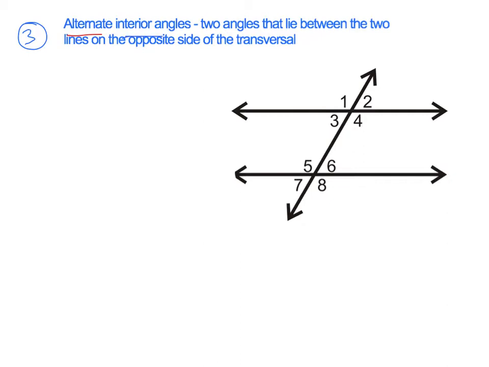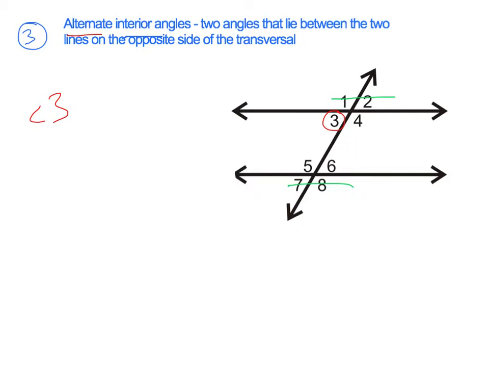That's interesting. So if I were to say which of these angles could not be alternate interior angles, we could automatically wipe out the 1 and the 2 and 7 and 8, right? Those are not interior. So we're only talking about 3, 4, 5, and 6. So angle 3, who is its alternate interior angle?